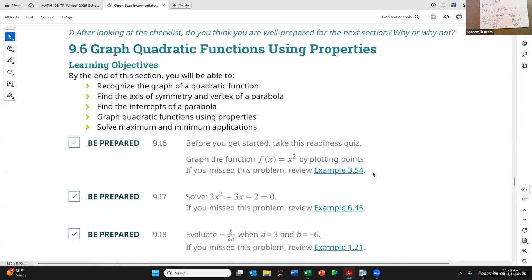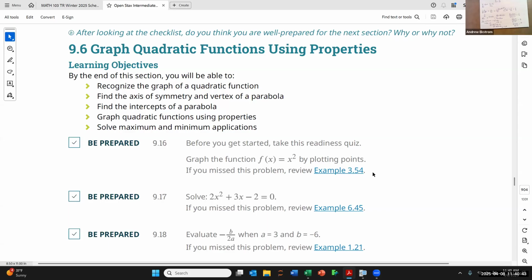And with 9.6, so what's the objective here? Graphing. We've got calculators. We can graph it that way, right?